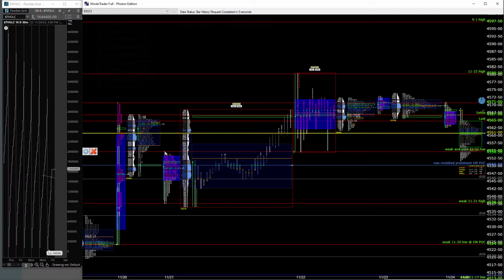It took this, repairing this low, it was repaired with the gap at the market open, and took this weak high out. It was just crazy here, what was happening. I mean, the long was super long this day.